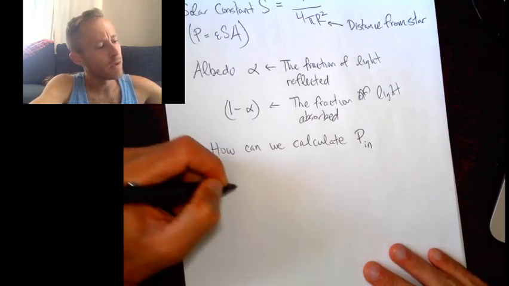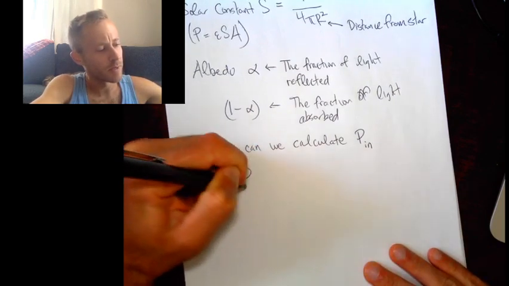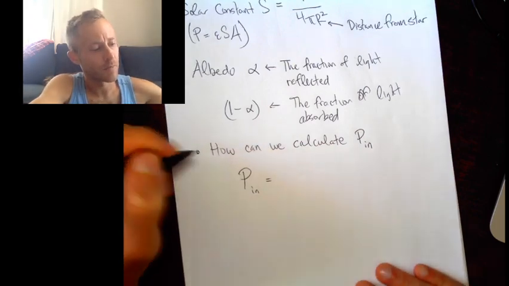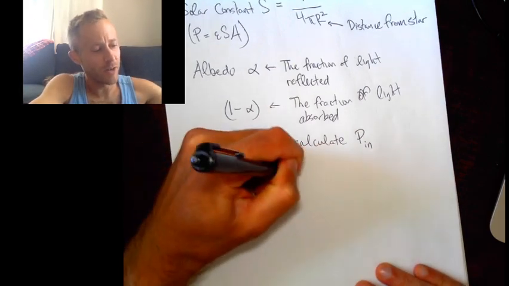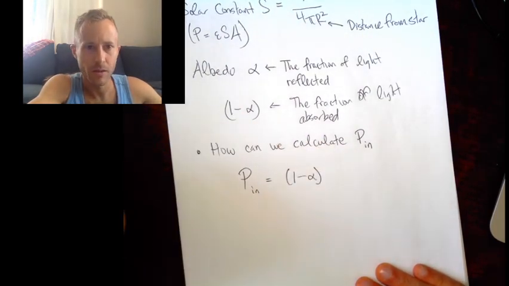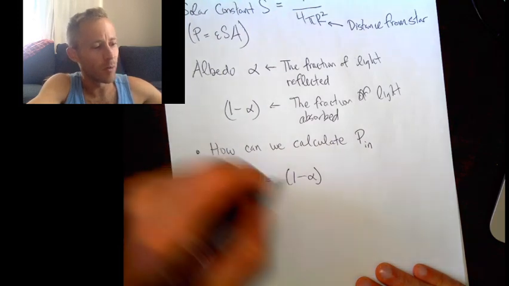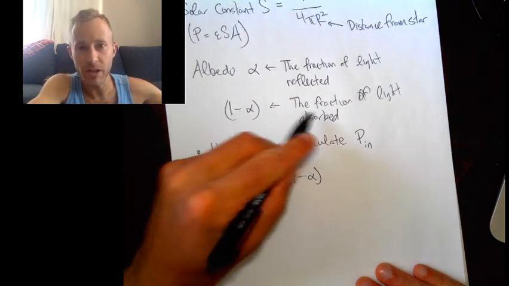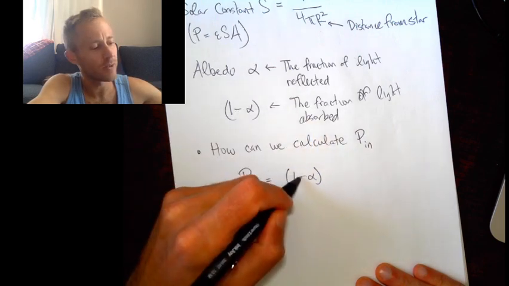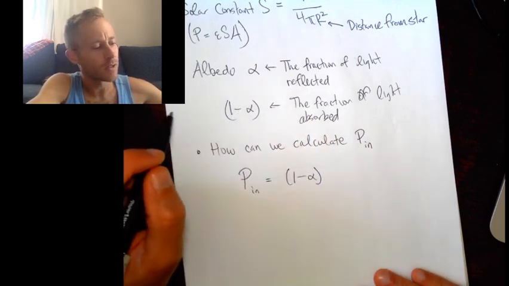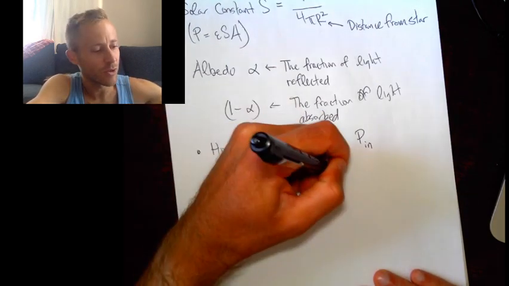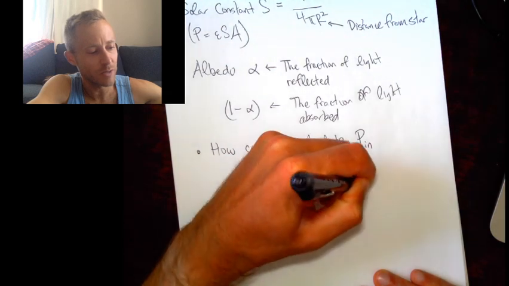And so here's the formula. Power in is 1 minus alpha. Remember, 1 minus alpha is the fraction of light absorbed. 1 minus alpha times the solar constant times the cross-sectional area of the object.